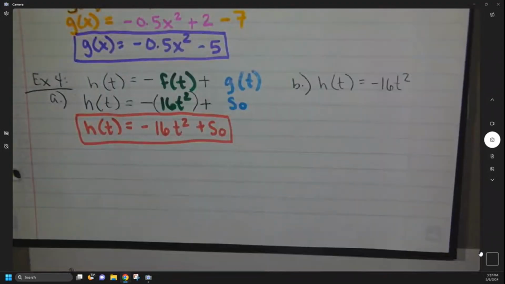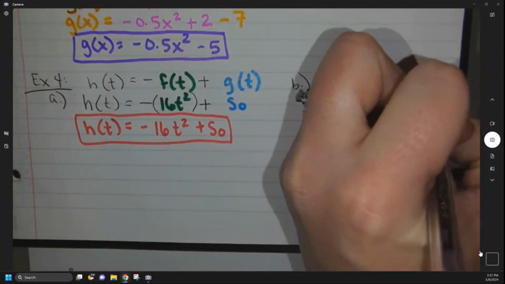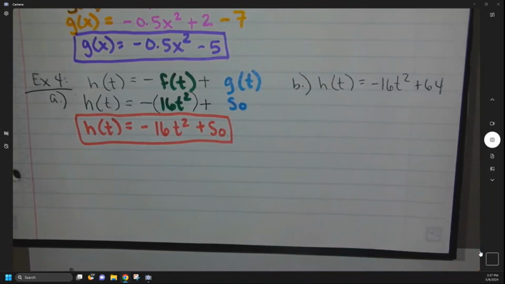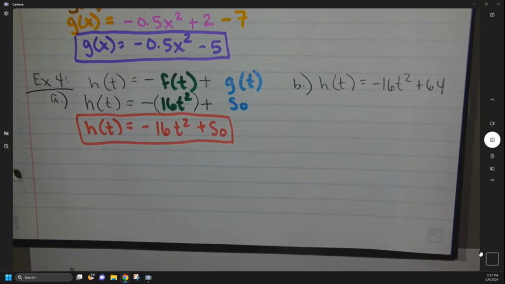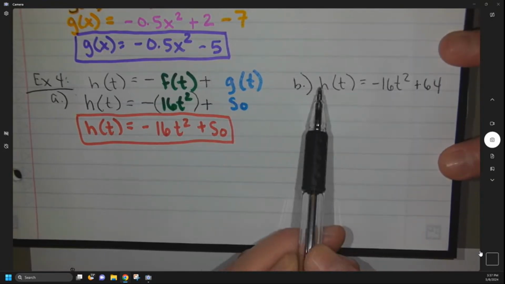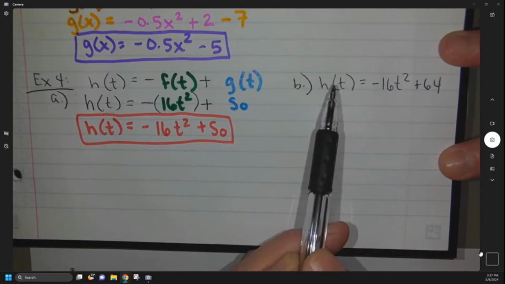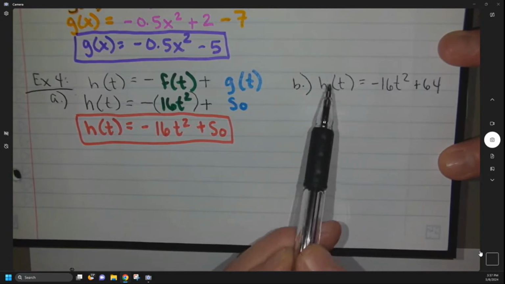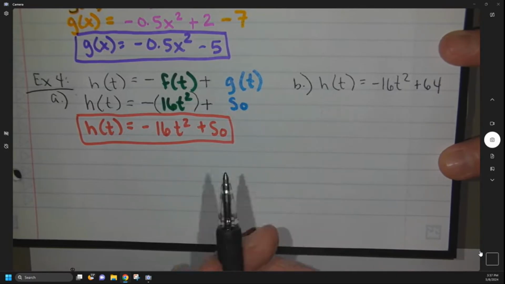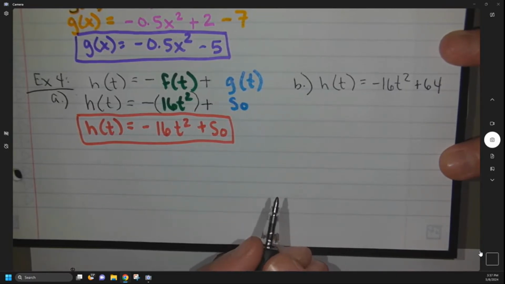So we're going to have plus 64. So they want to know, when does this egg hit the ground? I'm trying to get it so that the function equals 0, because if it hits the ground, it's at a height of 0.